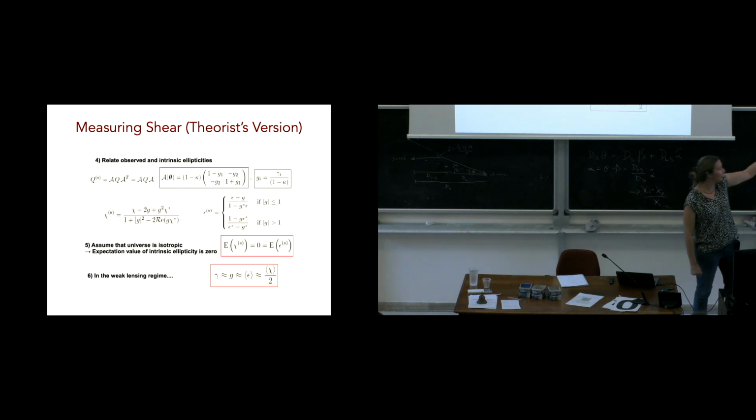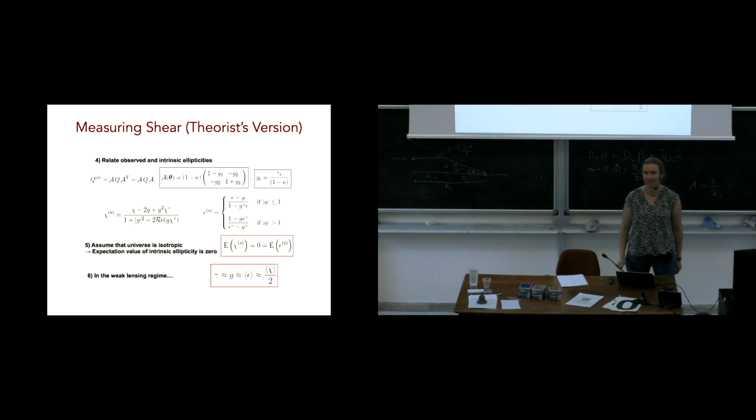So we, of course, know how our second order brightness moments transform. That is just this quadratic transformation here with our distortion tensor. And then we can go through a few lines of algebra to understand how our source ellipticity in the 2 different definitions relates to the observed ellipticity and the shear.